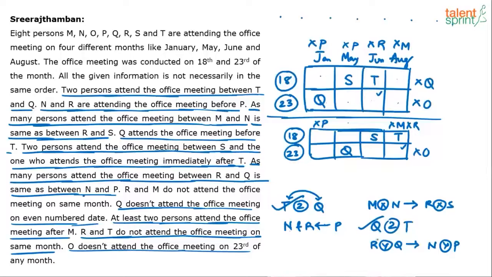See, the number of people between R and Q should be the same as the number of people between N and P. So let's assume R comes here. How many people are there between R and Q? 0. So the number of people between N and P also should be 0, which is possible. Let's say P comes here, N may go there.